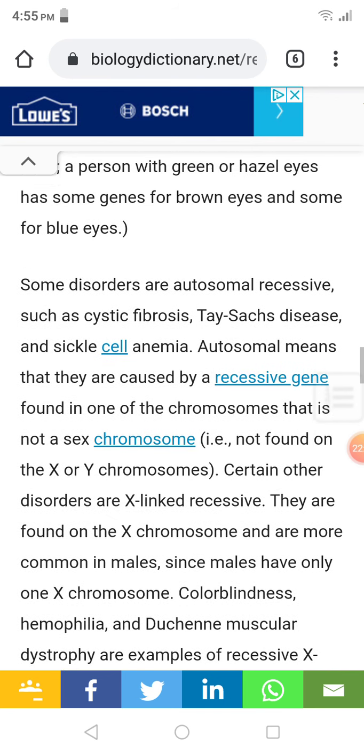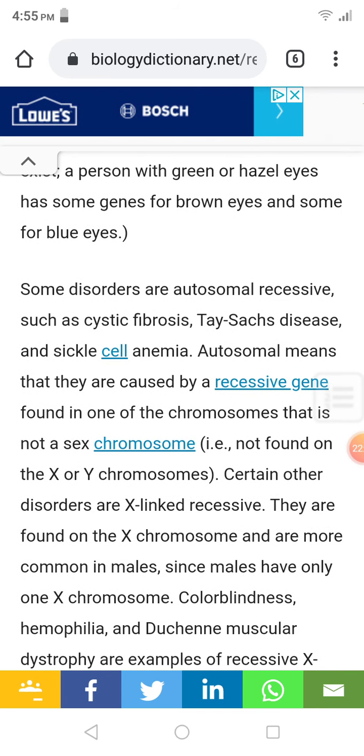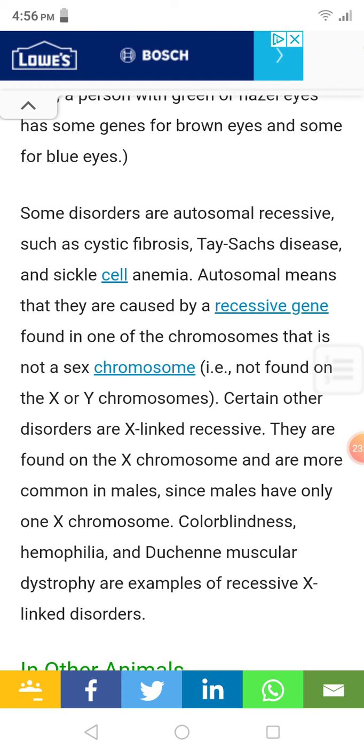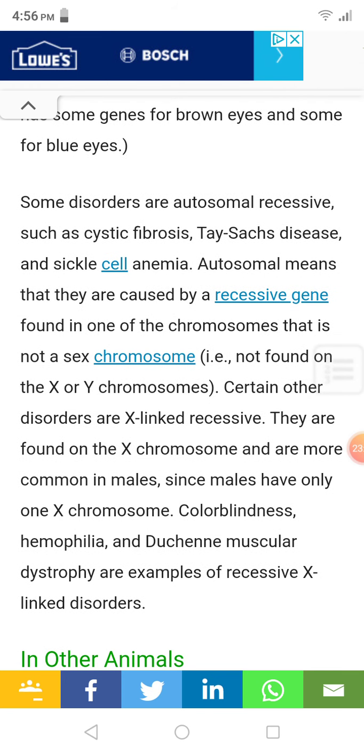So you have a lot of black people with sickle cell, and sickle cell is just a simple mutation of a healing factor to prevent malaria. That is all that is.